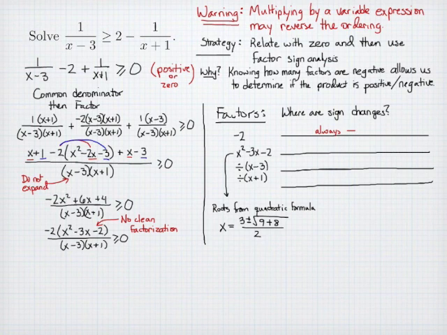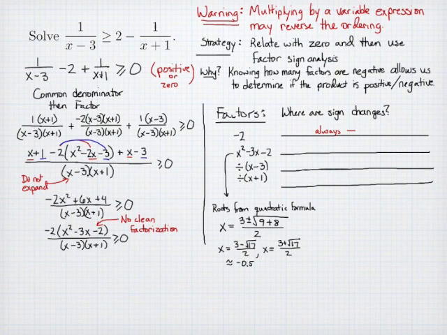And so we find that we have two solutions. x equals 3 minus the square root of 17 over 2, and x equals 3 plus the square root of 17 over 2. In decimal values, 3 minus the square root of 17 over 2 is approximately negative 0.5.